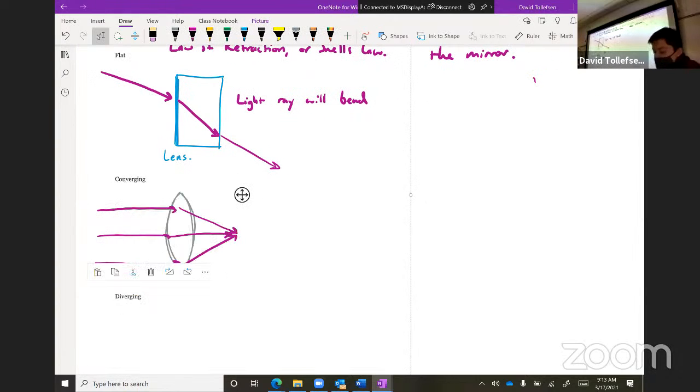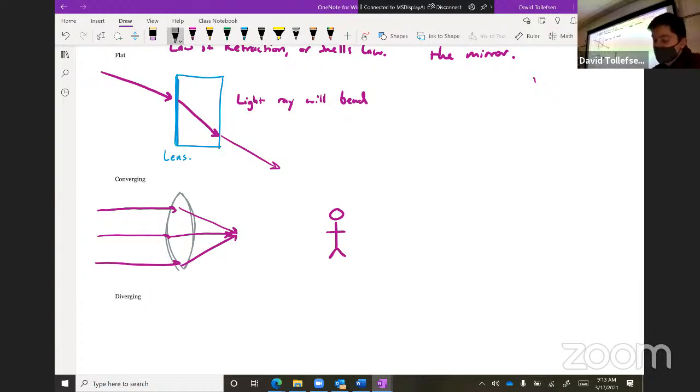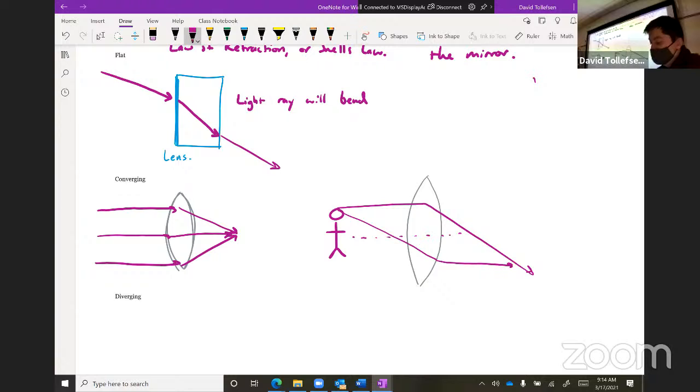And just like converging mirrors, they do different things depending on how far away you are. So if you're far from the lens, you actually converge at a point, and this is where you get a projection of yourself through the lens.